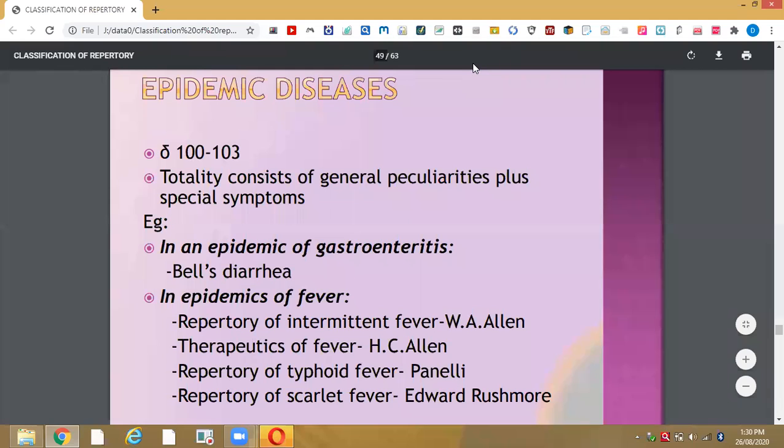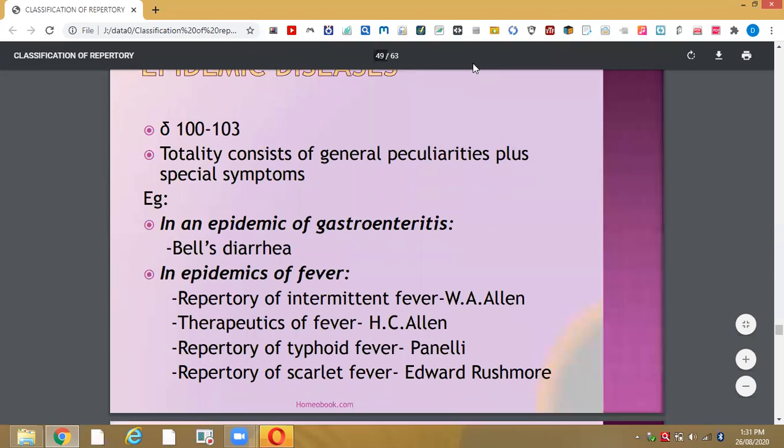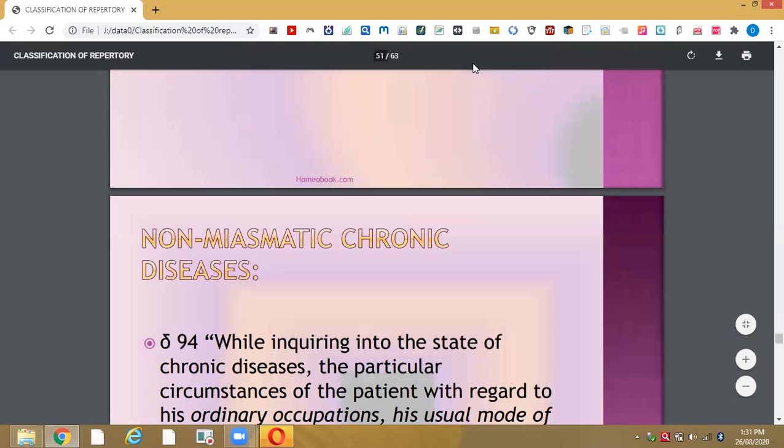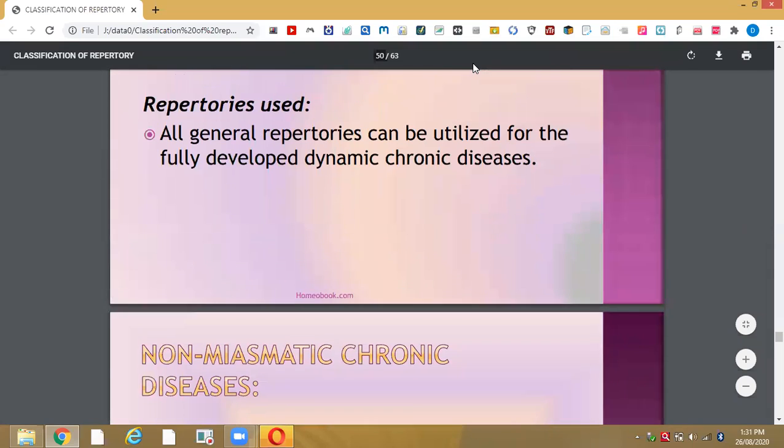The example is Bell's diarrhea. Then if there is an epidemic of fever, we choose the repertory of intermittent fever by W.A. Allen, therapeutics of fever by H.C. Allen, repertory of typhoid fever by Panelli, repertory of scarlet fever by Rushmore. In this way we choose the repertories in which that disease condition was given.